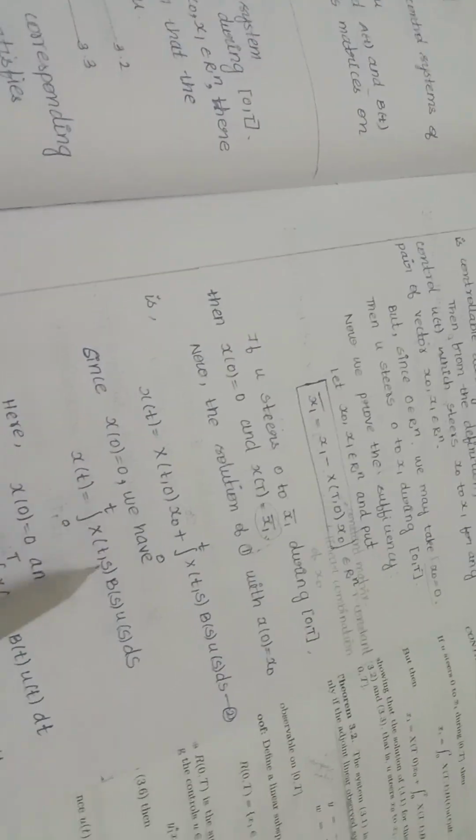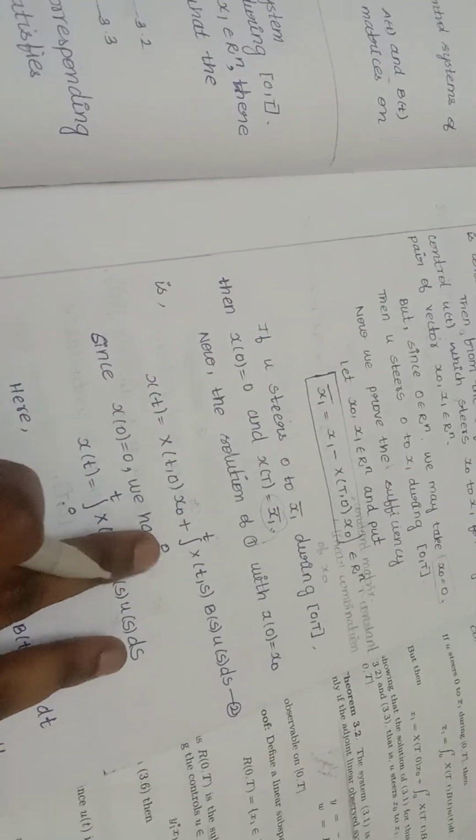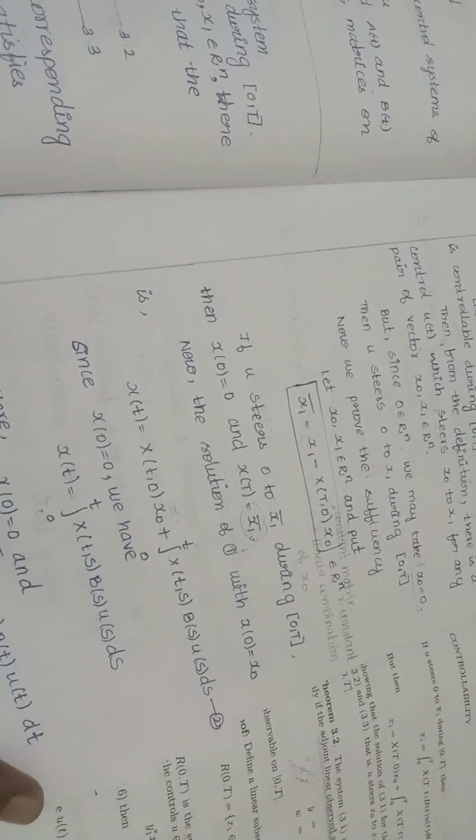controllable. So controllable means x of 0 equal to x naught, x of T equal to x1. For the given solution, x of t equal to X of t comma 0 x naught plus integral 0 to t X of t comma s B of s u of s ds.